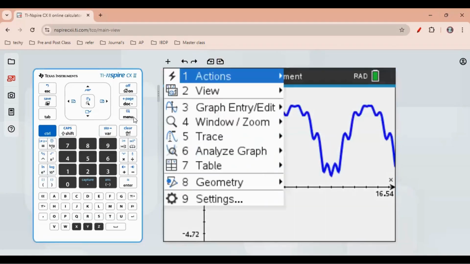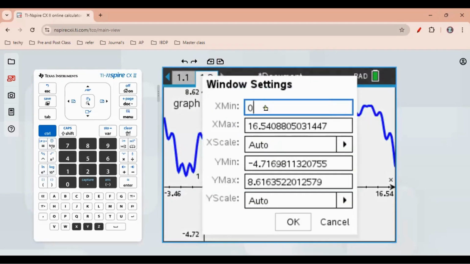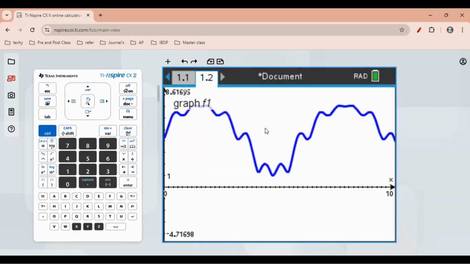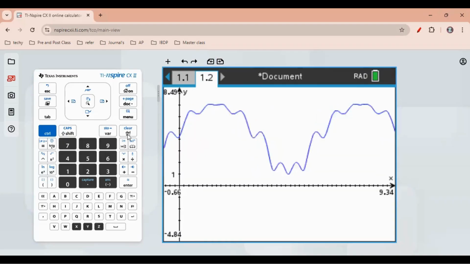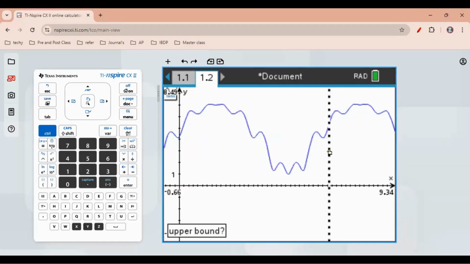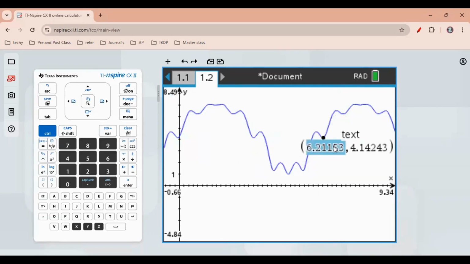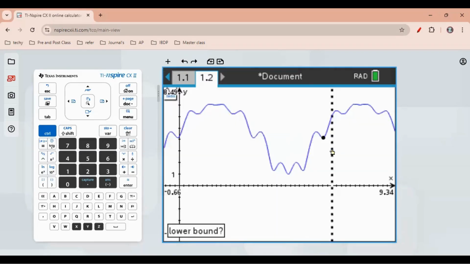What is the minimum? So let me go to the window settings. X is from 0 to 10. Now you need to find the minimum value. Go to analyze graph, go for minimum.